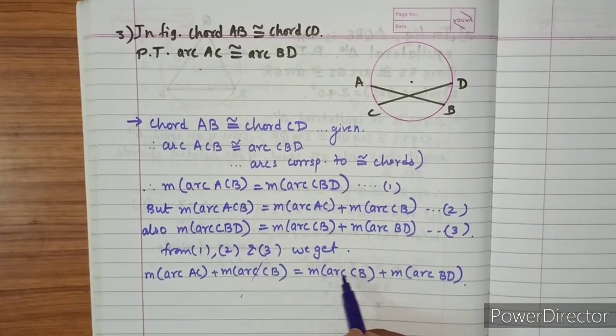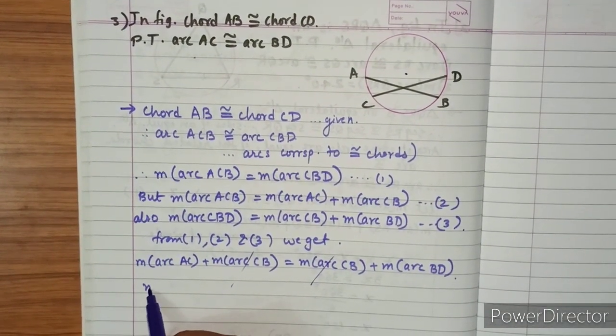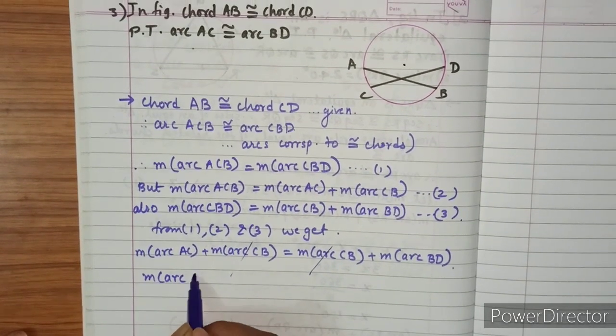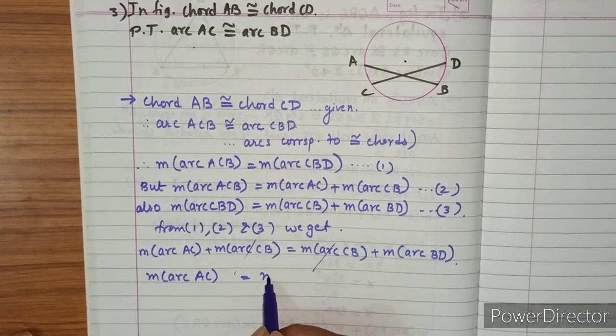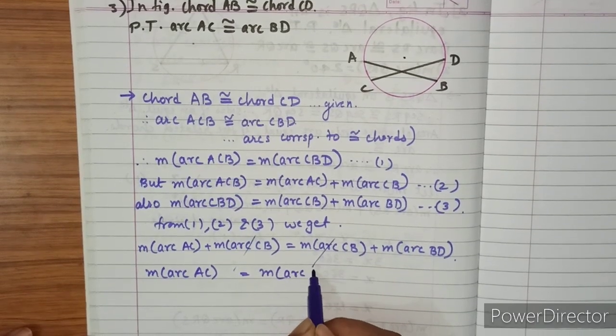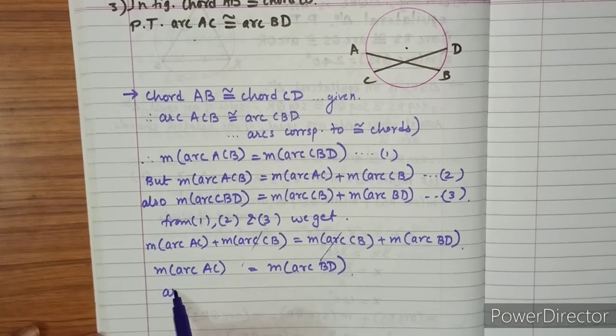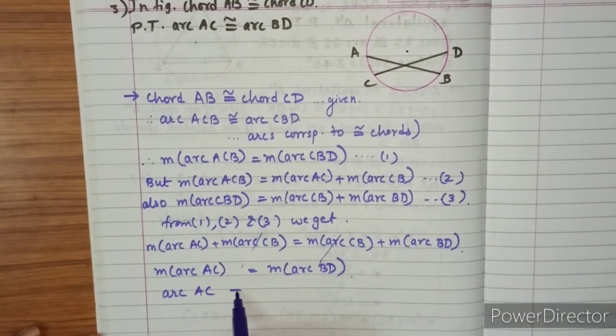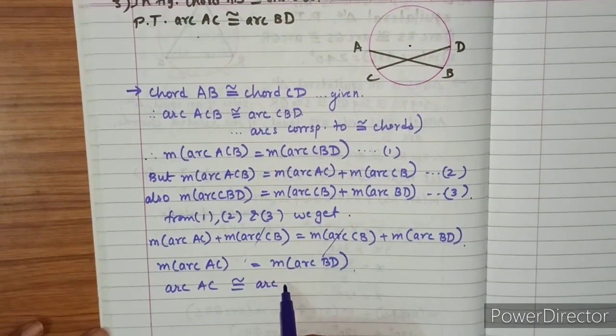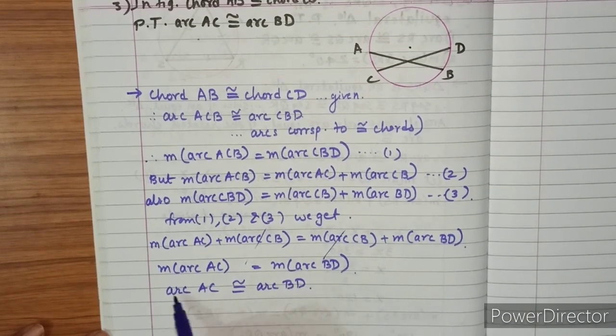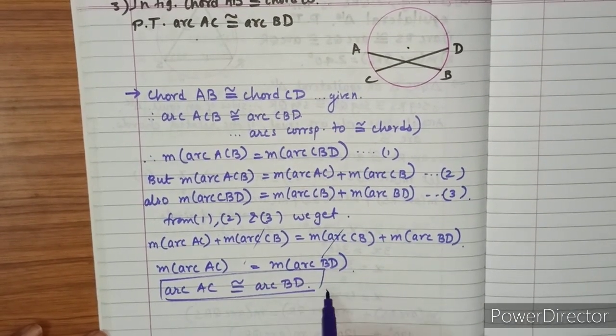Right? This is common, will get cancelled. What am I left with? Measure of arc AC is equal to measure of arc BD. If their measures are equal, what does that mean? Arc AC is congruent to arc BD, and this is what we were supposed to prove.